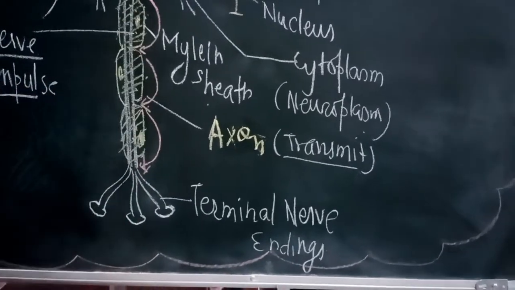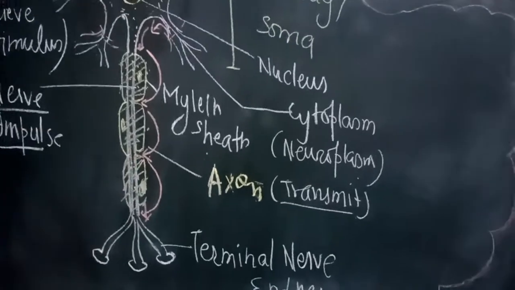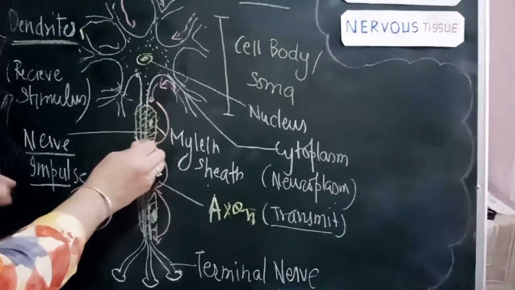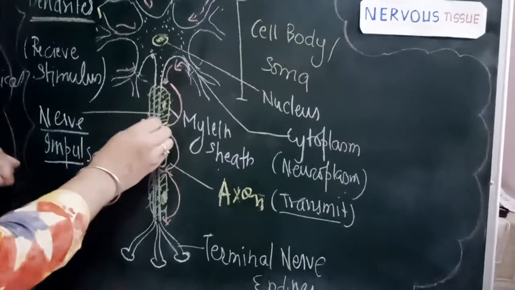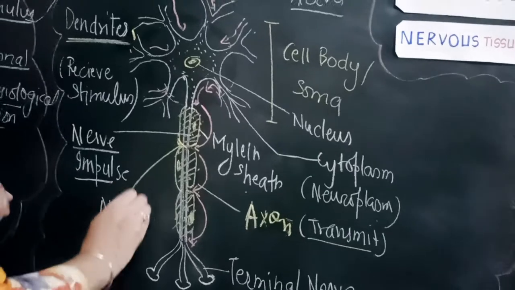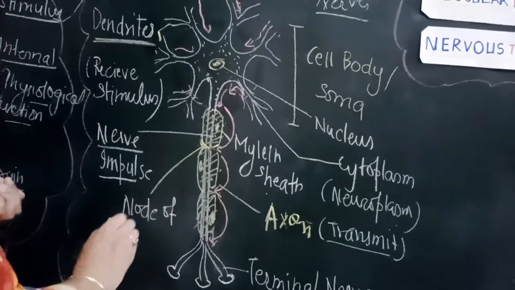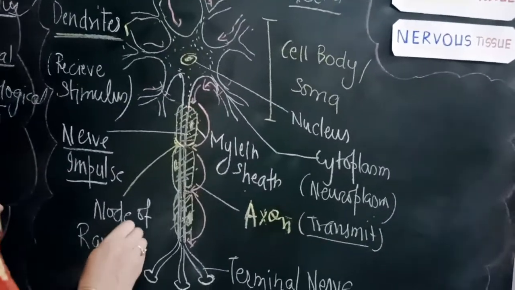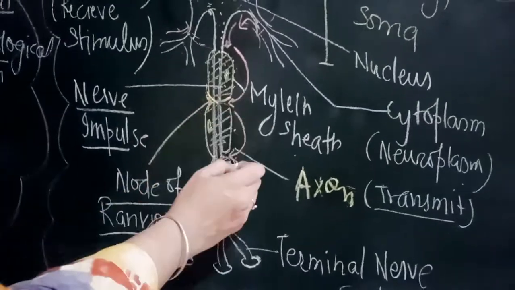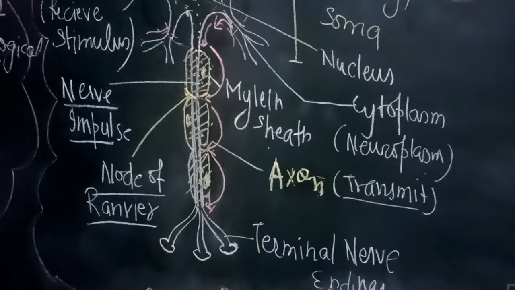This is a special feature associated with some neurons, and the point where this sheath is absent, here the sheath is absent, this point is called the node of Ranvier, after the name of the discoverer. So the node of Ranvier increases the rate of transmission of the nerve impulse.